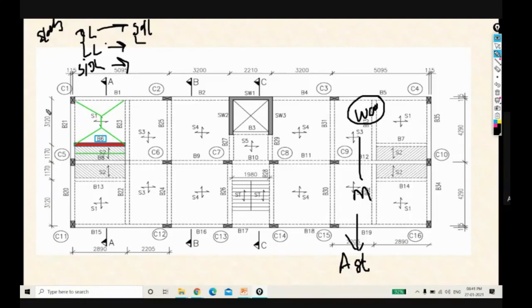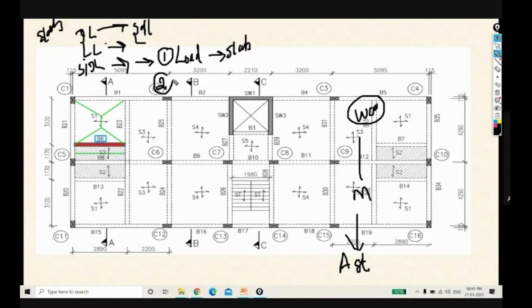But now in beam, in the additional dead load or superimposed dead load, some dead loads are there. First is the load from the slab, that we have to consider.